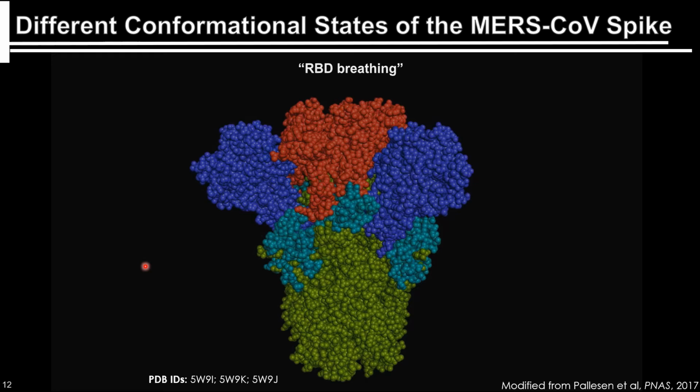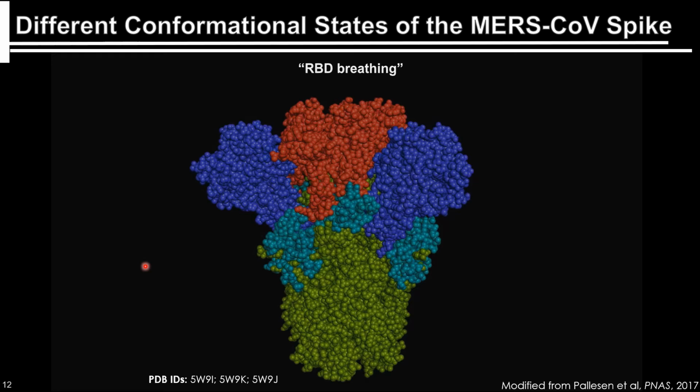spike but also of the SARS-CoV-2 spike, and these conformational states are the main determinants of how the spike is going to interact with the host cell receptor. Till now, the mindset in the field was that the covalent interaction of the key amino acid residues of the receptor and the spike protein specifically governs what kind of interaction is going to take place.